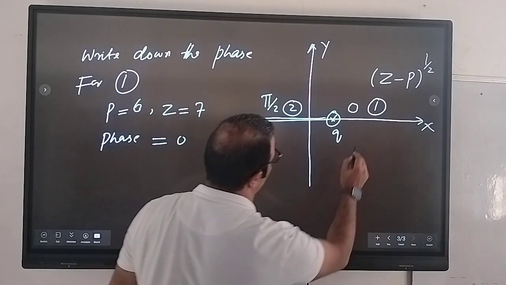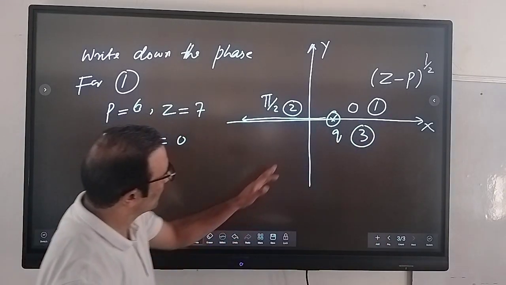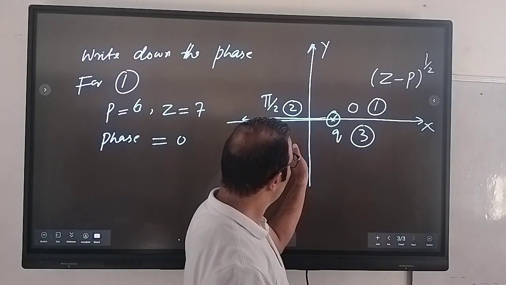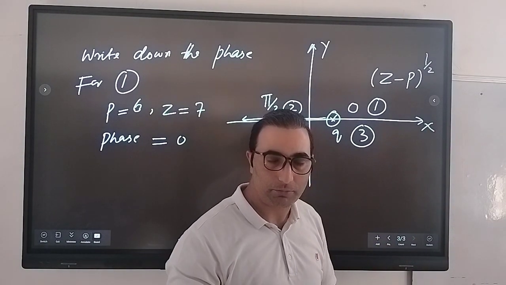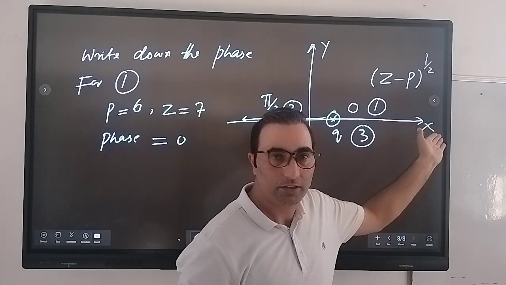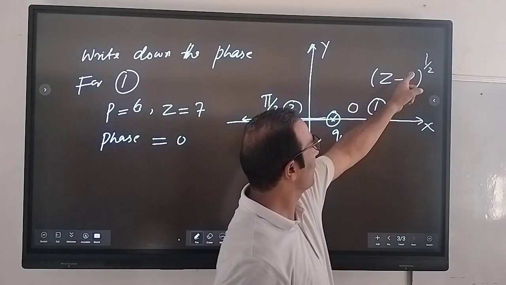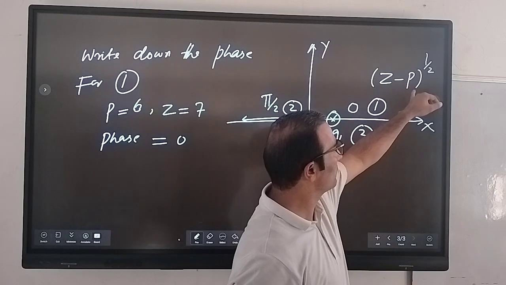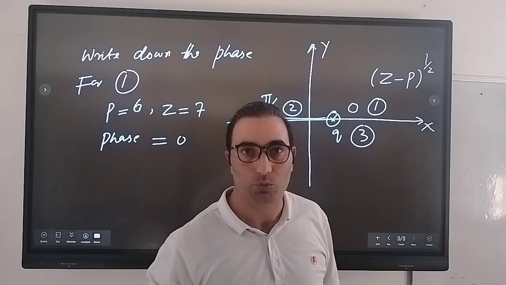So region third is this one. So what will happen here? Because now it will go from pi to 2 pi, right? So this function is changing up to 2 pi, but we have the power 1 by 2, so (z minus p) raised to the power 1 by 2 will change by 2 pi divided by 2, right?